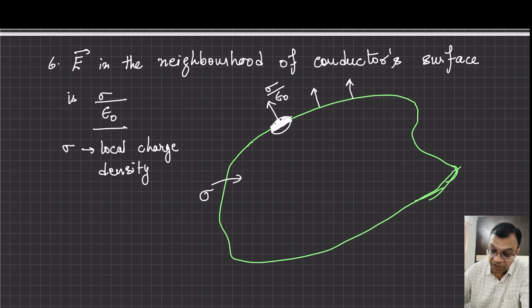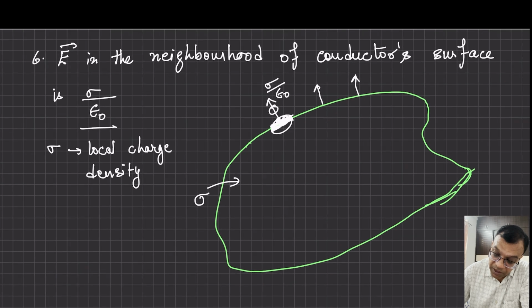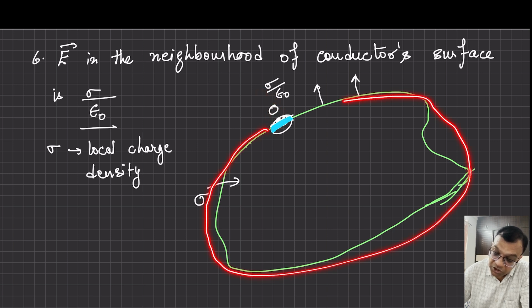This doesn't mean that at this point the electric field is only due to this charge. Here the electric field is due to all these charges as well as this charge.